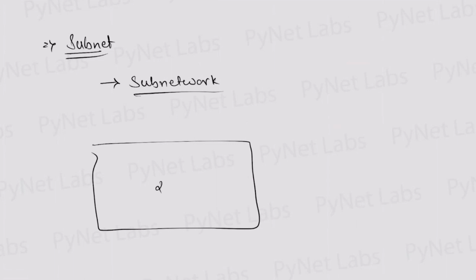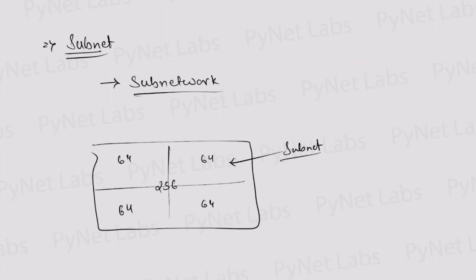So a subnet is a logical subdivision of a big IP network. For example, this is my IP network. Now this IP network is of 256 addresses. So if I break it down into four parts of 64 addresses each, then I can say that this one part is a subnet, a subnetwork.